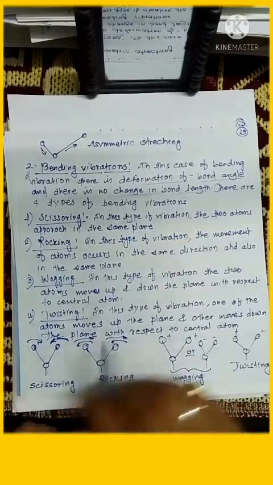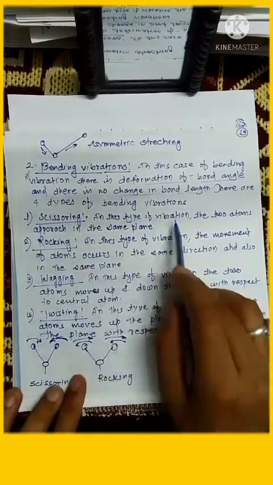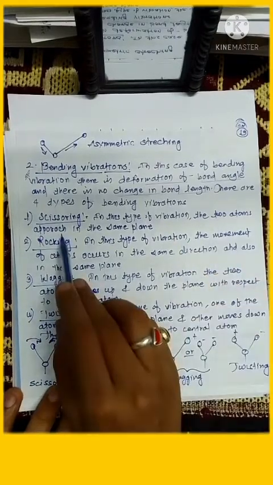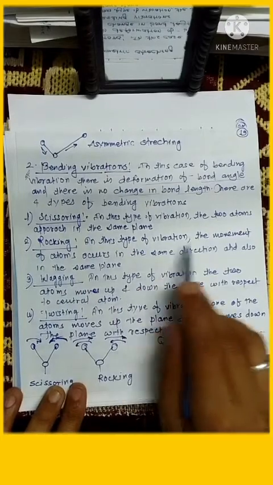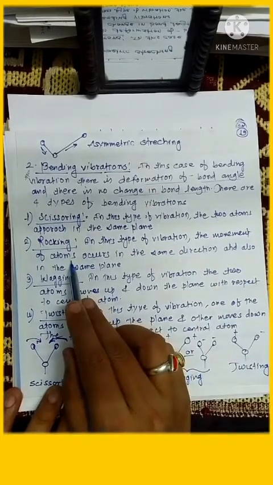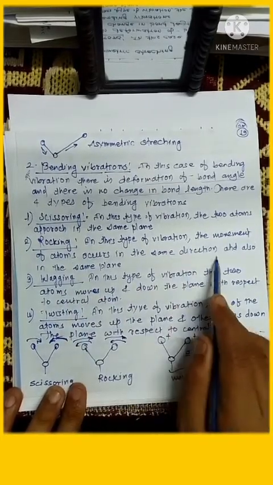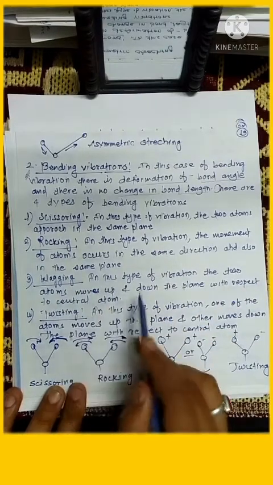So in scissoring, in this type of vibration, the two atoms approach in the same plane. In rocking, the movement of atoms occurs in the same direction and also in the same plane.